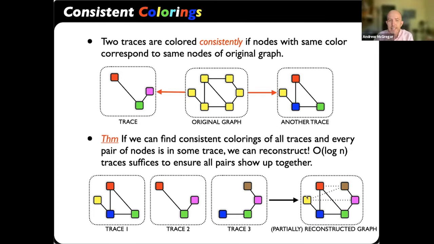And if I've never seen the yellow node and the purple node show up simultaneously, well, I don't yet know whether or not there's an edge between them, but after log n traces, every pair will have shown up together at least once, and I'll resolve the entire graph. Okay, so it all basically boils down to how do I find this consistent coloring?